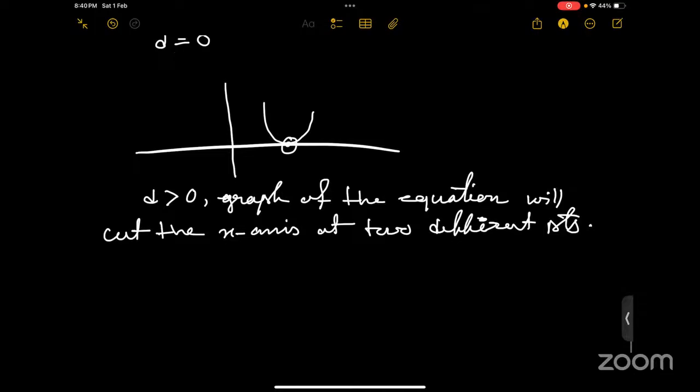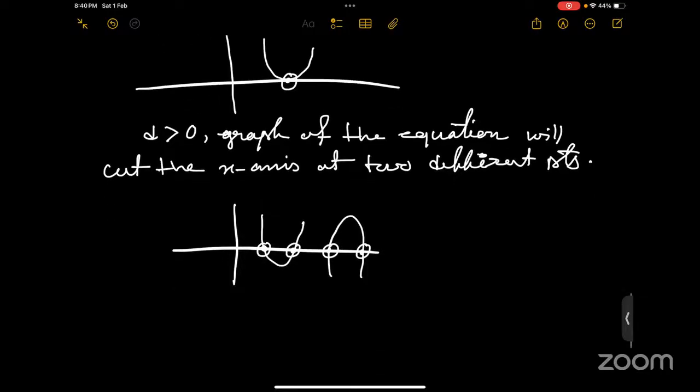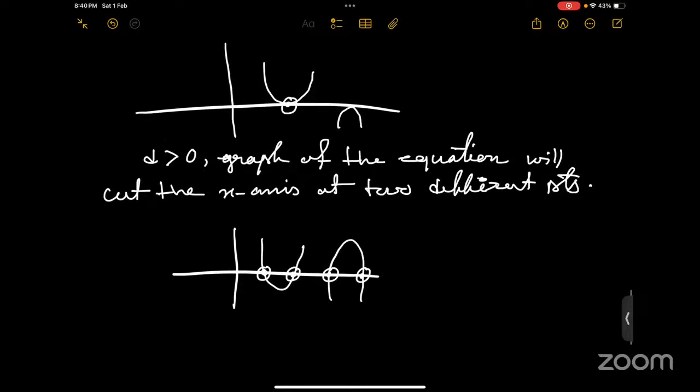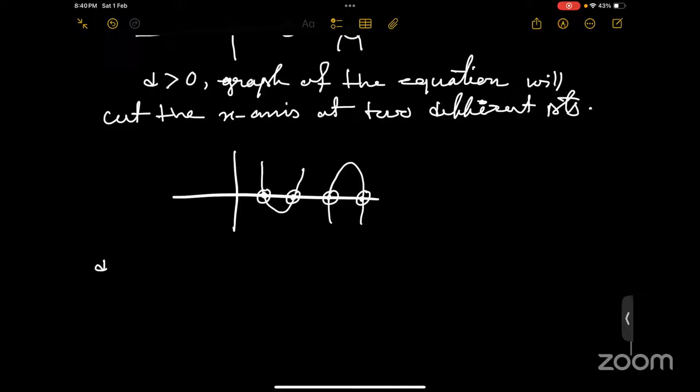That means we will get this type of picture or this type of picture, and in both the cases we can see the graph cuts the x-axis at two different places, right? Is it fine? Here also we can get two different types of picture like that. And if D is negative, that means no real roots.